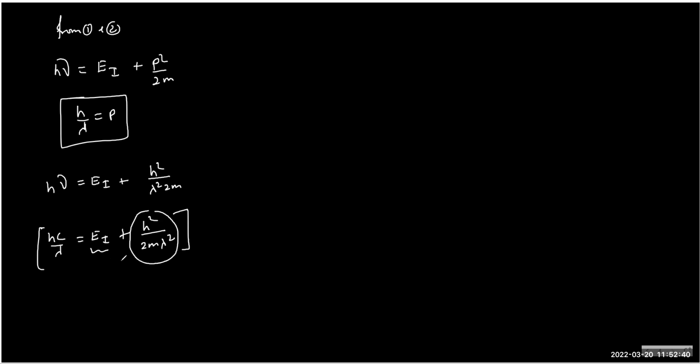So when you compare these two values, hc by lambda is on the greater side, but only slightly, so this is roughly equal. This is the reality, and this is the relation that we use for solving questions.